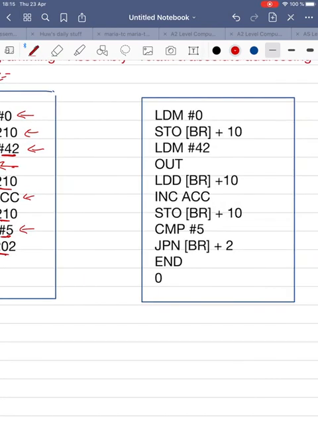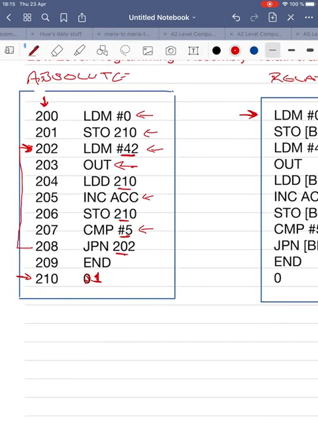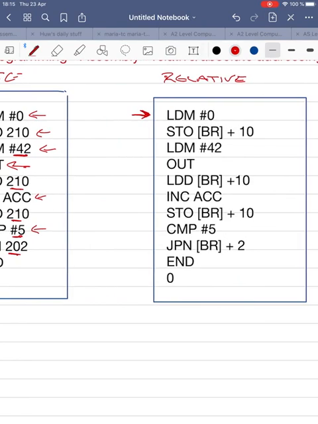Now let's take a look at relative. Okay, so relative addressing refers to memory locations in relation to the start point. So this start point here could be any point in RAM. Now, let's say it's 200, so we've got the exact same situation as with the absolute.